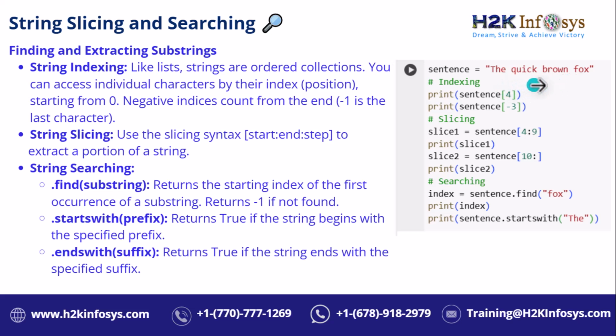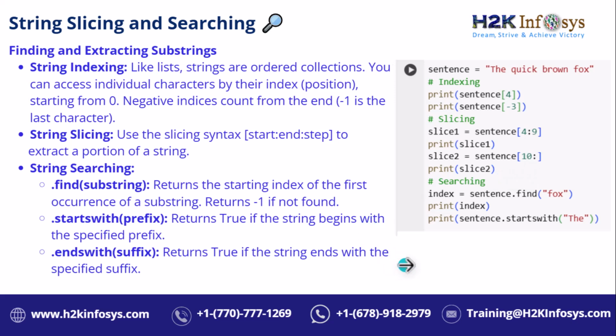And if you want to get letters somewhere in between, you can use it like this: 4:9. So from 4, Q, till 9. What does 10: do? It starts from position 10, and whatever letters we have, those will all be printed. If you don't write the number at the beginning, it considers all the letters from the beginning.